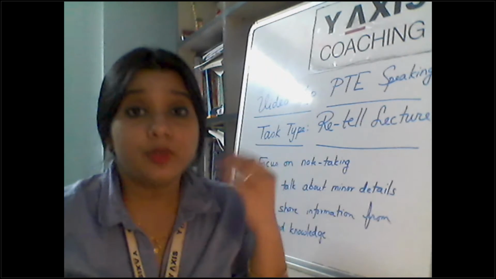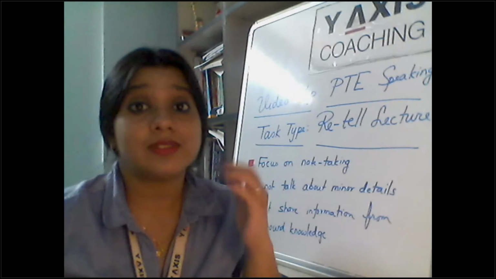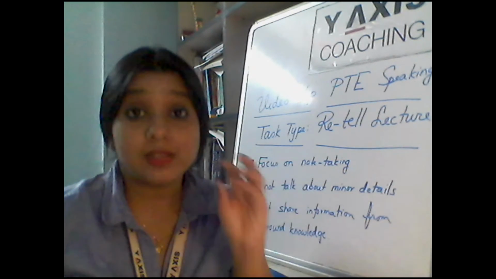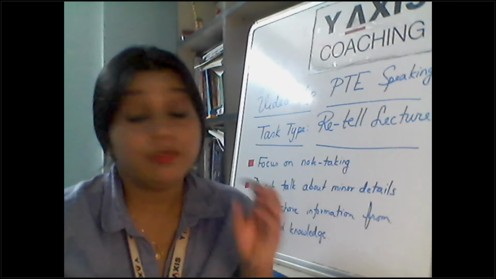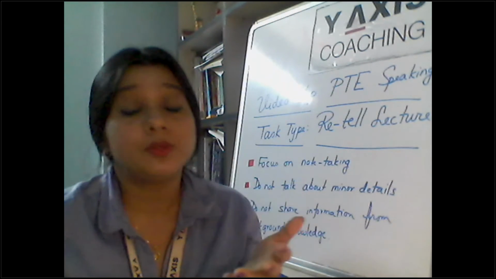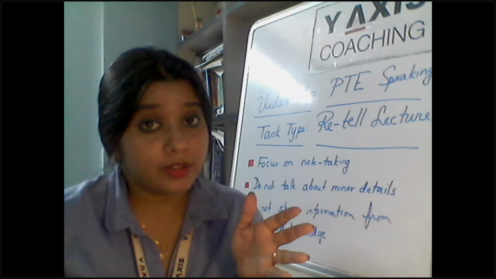So we have to speak at length for at least 37 seconds. And of course, it totally depends upon note taking. If you have not taken notes, we will not be able to speak at length for 37 seconds, and that will negatively affect the score.